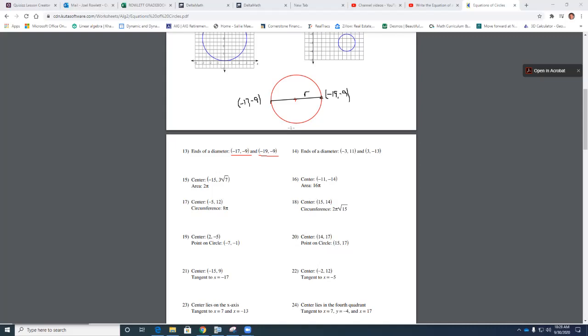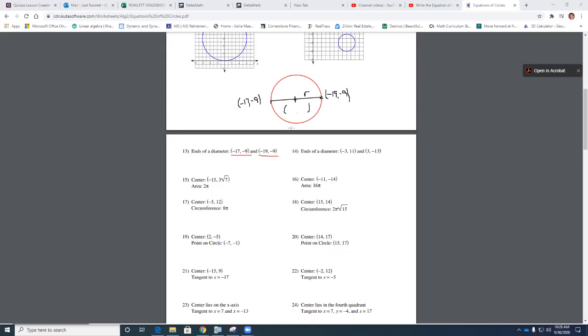And we need to know the radius length in order to write the equation of a circle, but we also need to know the center. I need to know where the center of this circle happens to be, what point. Well, in algebra, you learned a formula called the midpoint formula, and you're going to use it to find the center of the circle.